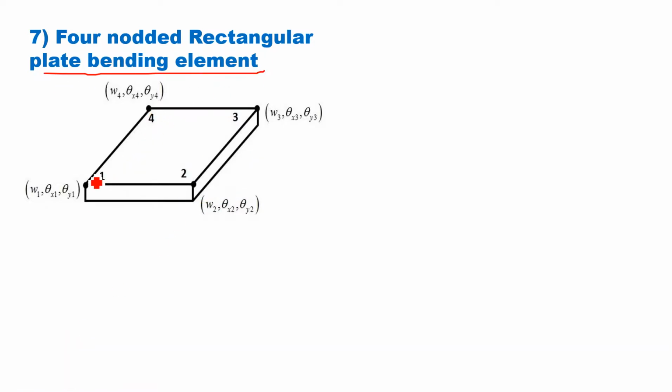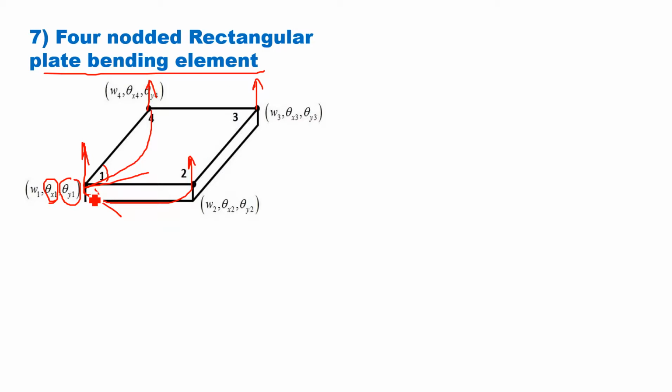So in the bending element, at each joint there are three unknowns. One is vertical translation, that is called vertical deflection at each joint. And since this element will bend, if you look at this corner, suppose this edge will bend like this and this edge will bend like this. So there is a rotation of two edges, this one and this one, right? So that rotation is called theta x1 and theta y1.